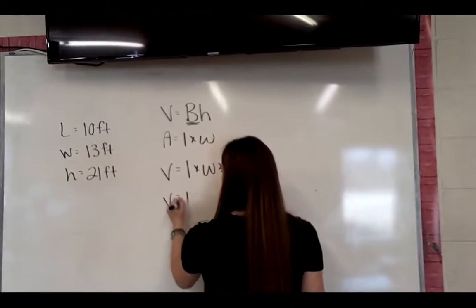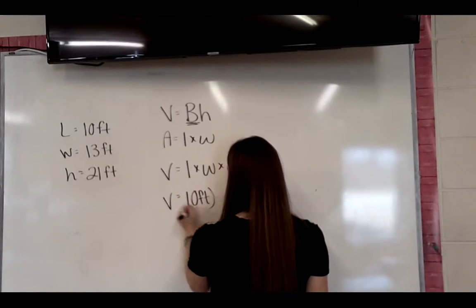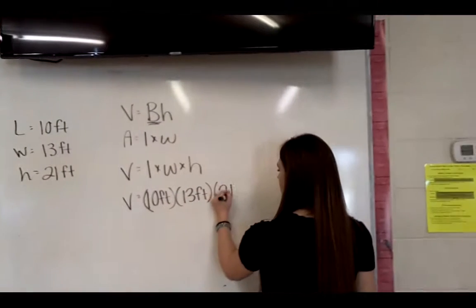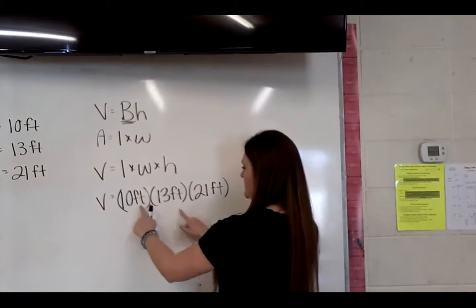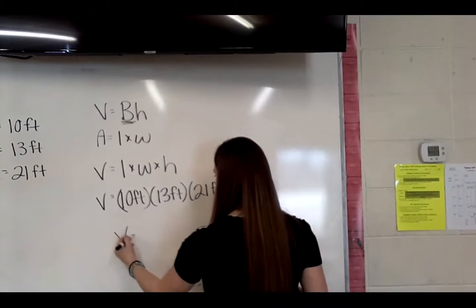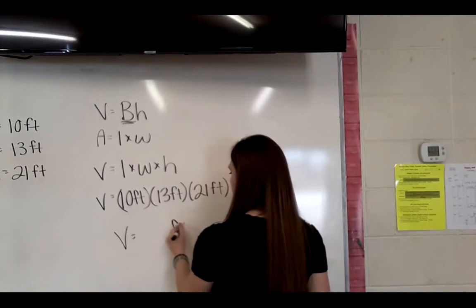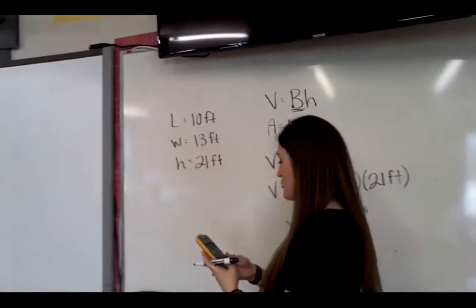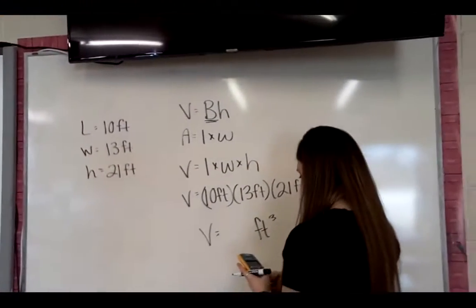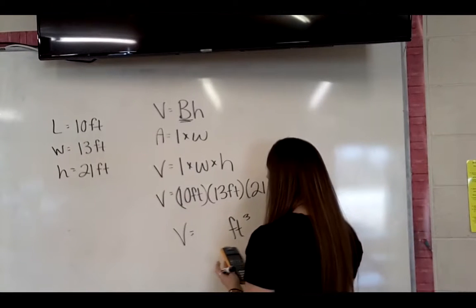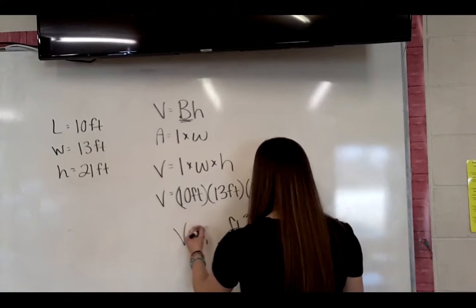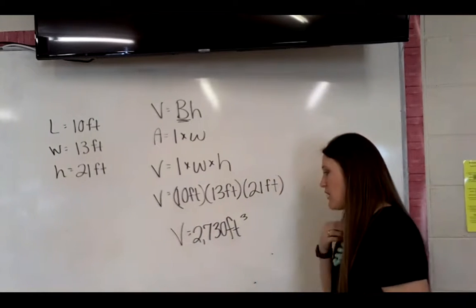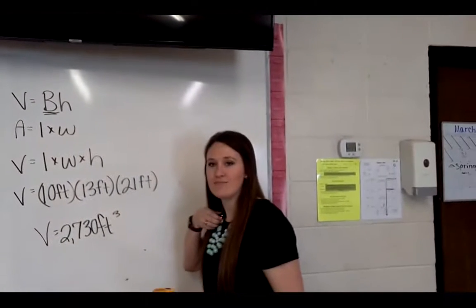So we have 10 feet times 13 feet times 21 feet. I do want to show we have feet times feet times feet. So your final answer is going to be something feet cubed because we multiplied it 3 times. So then we just take our calculators and multiply those numbers. So we have 10 times 13 times 21. 2,730 cubic feet is how you would say that. That is the volume of that rectangle.